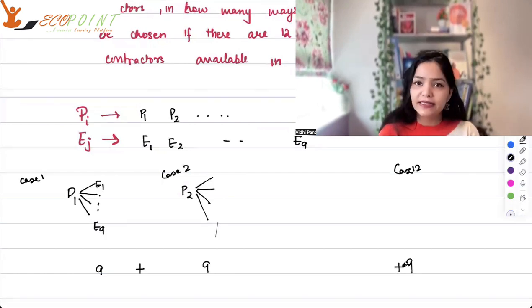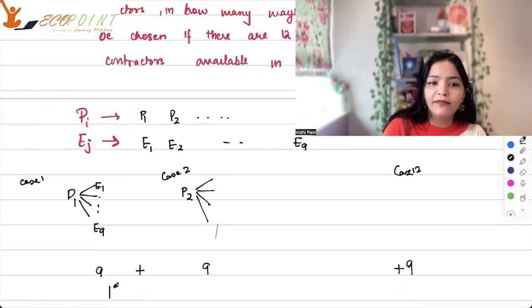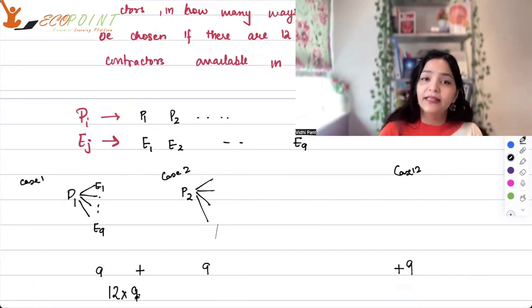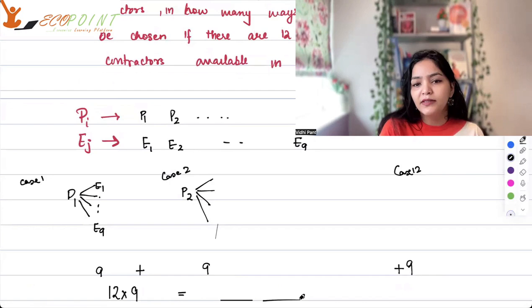सो टोटल नंबर ऑफ केसेस के लिए अगर आप इनको ऐड कर दोगे तो आप 12 टाइम्स 9 ले रहे हो, राइट? सो इसी चीज को आप मल्टीप्लीकेशन के साथ भी तो कह सकते हो ना, that this is number of plumbers into number of electricians available in total.